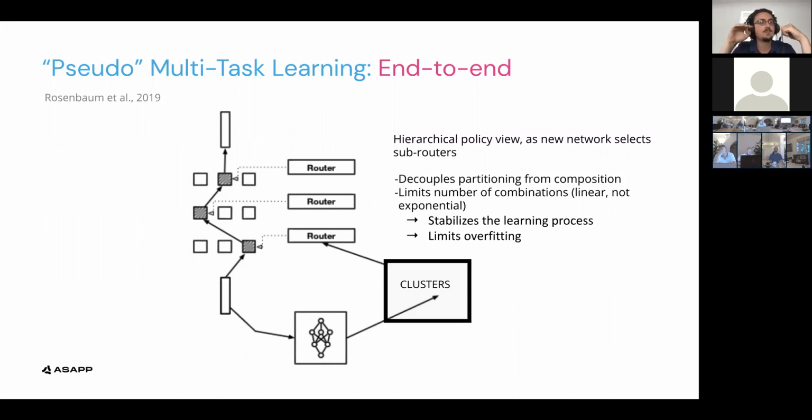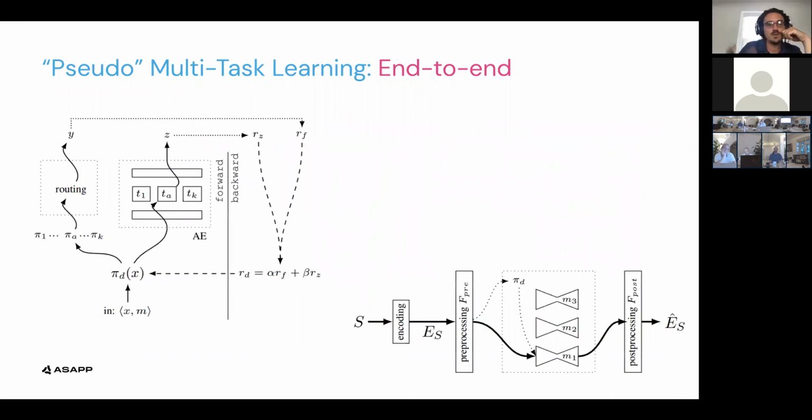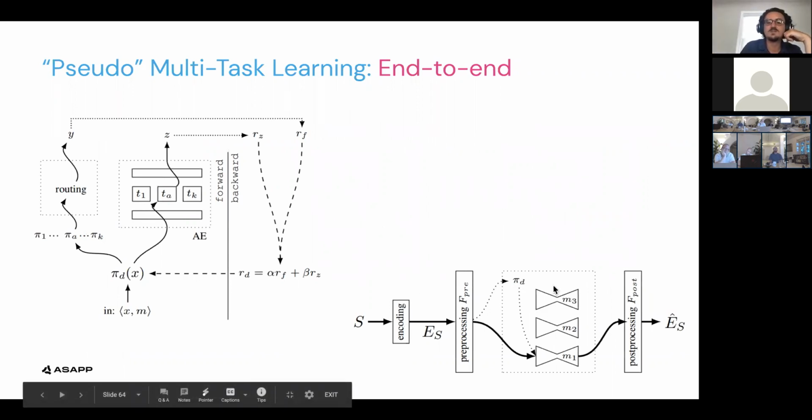Because we're ultimately clustering, we can find an additional clustering objective that we add as a regularizer to this partitioning problem, in the form of what I call a routed autoencoder. A routed autoencoder gets its initial representation and puts it through a very narrow bottleneck. We're not talking about a 100-dimensional bottleneck, we're talking about something like a 5-dimensional bottleneck, and then tries to reconstruct.